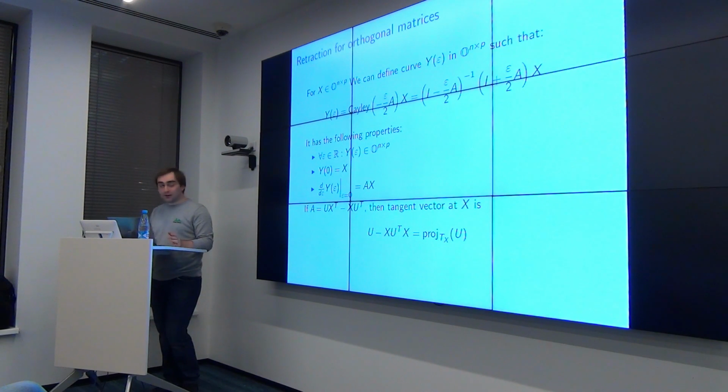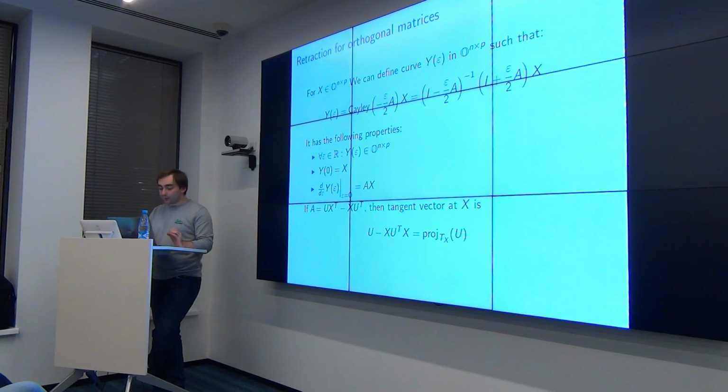So we said that we need some curve along which we will move, and there is a way to define this curve, for example, like this. It has the following interesting properties. For any epsilon, y of epsilon lies on the manifold, and also y of epsilon is continuous. That's why it defines a curve.